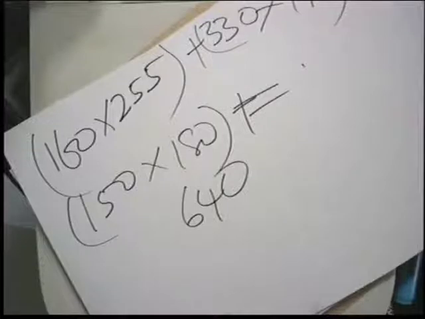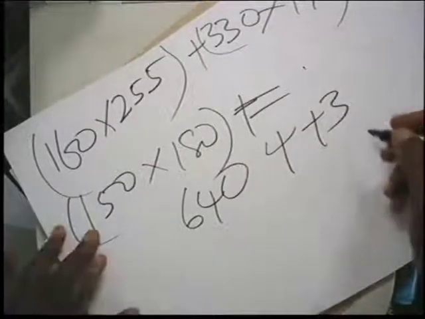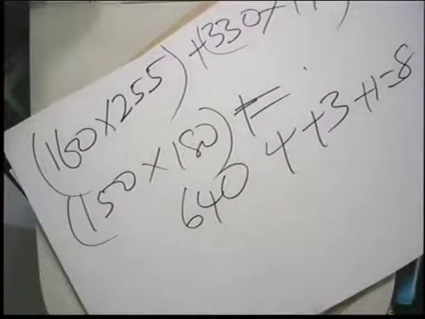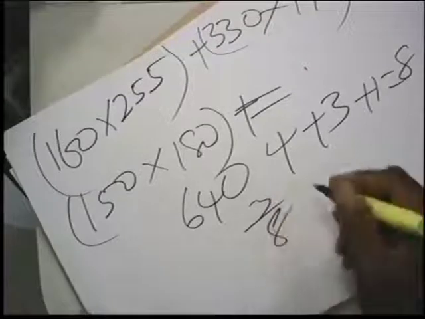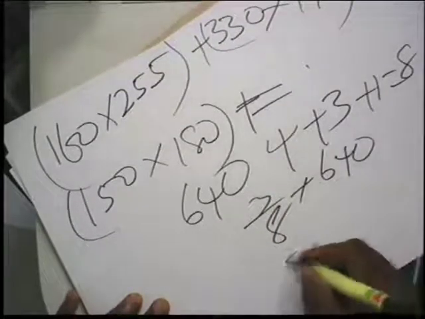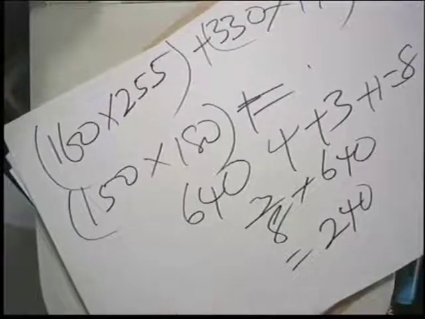The ratio will be the addition of 4 plus 3 plus 1, which is equal to 8. You look at the ratio of the passengers to the cost. So when you do everything, it will be 3 over 8 multiplied by 640. Then your answer will be 240, because we are trying to calculate the mean. Or you can make it in this way.